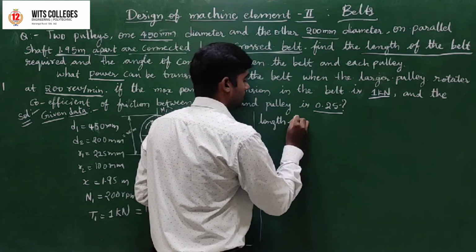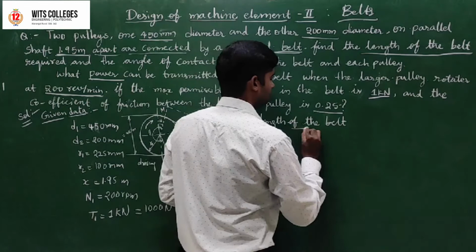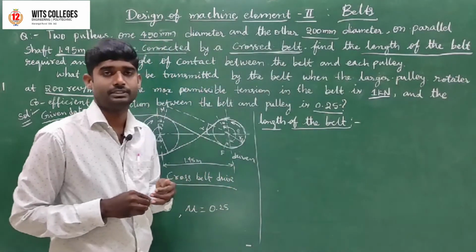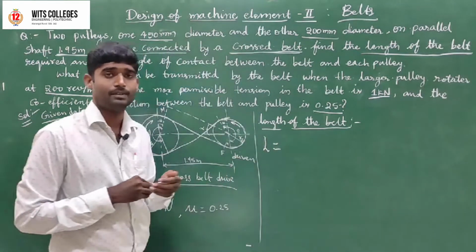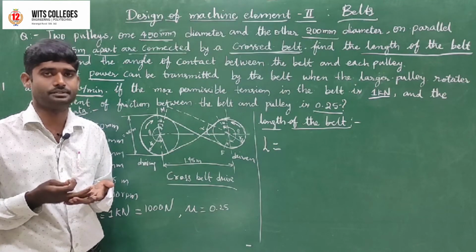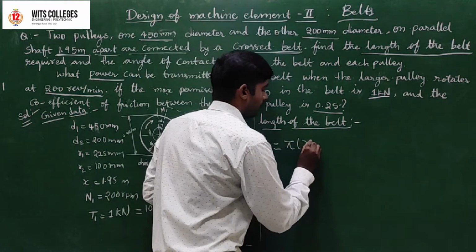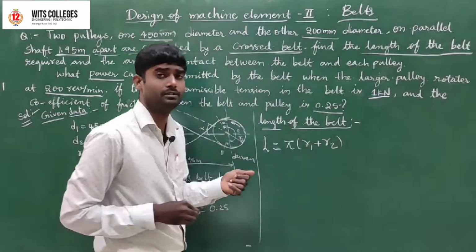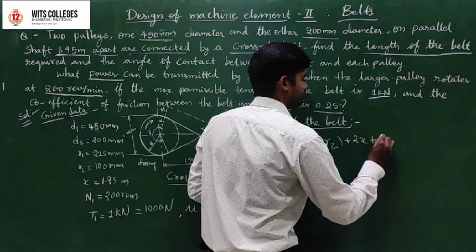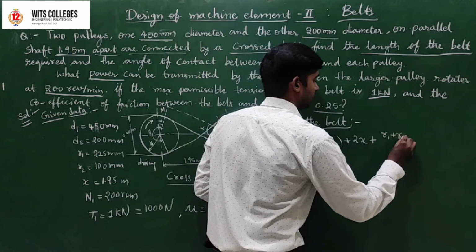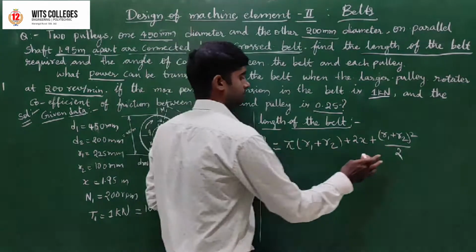This is a cross belt, so using the cross belt length formula, L is equal to, in terms of radius, pi into (R1 plus R2) plus 2x plus (R1 plus R2) squared by x.